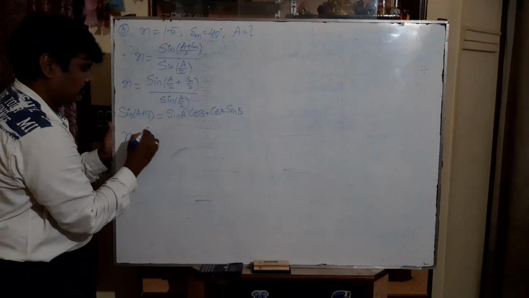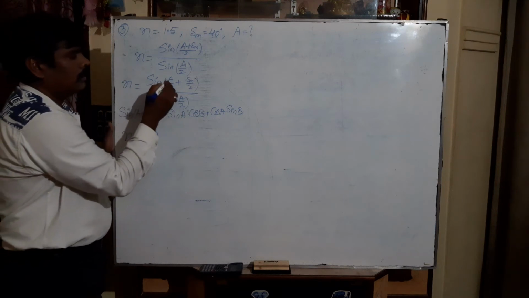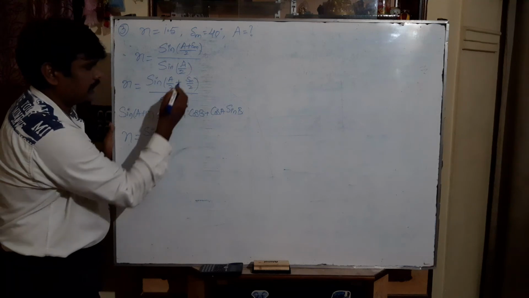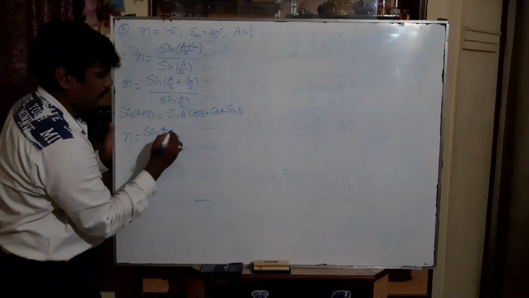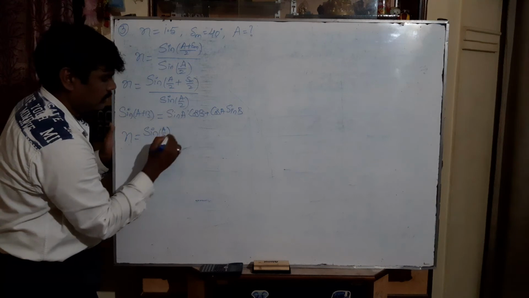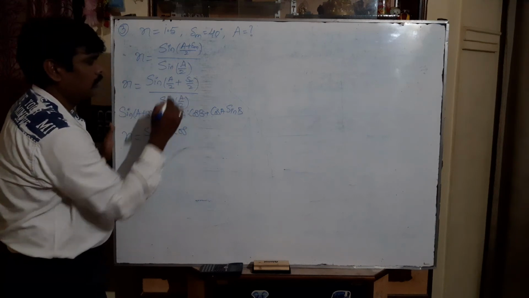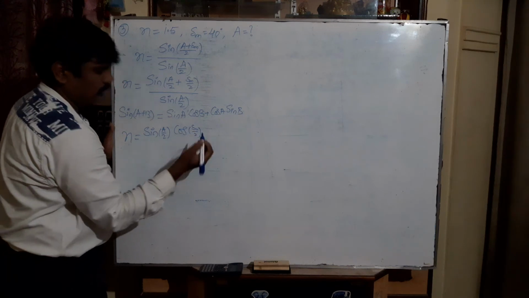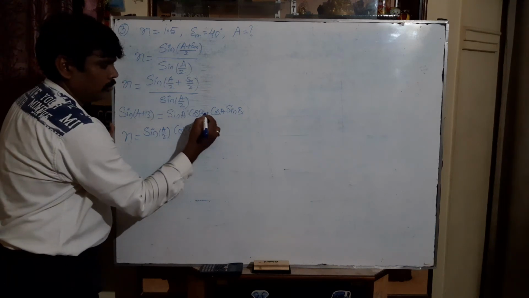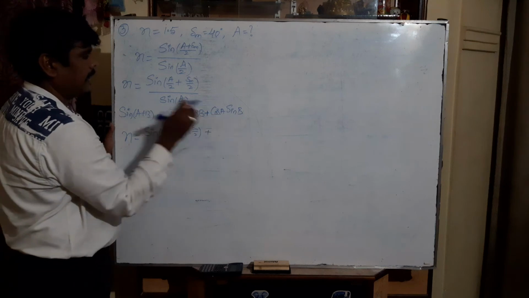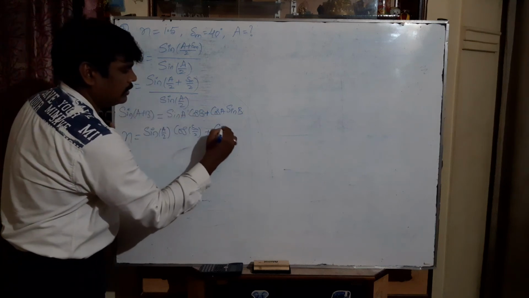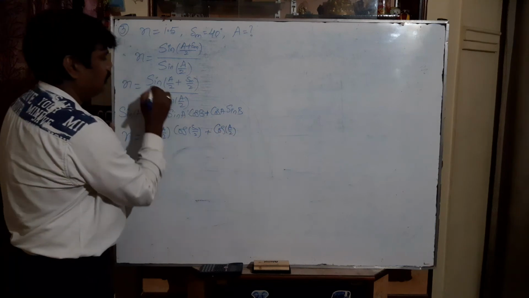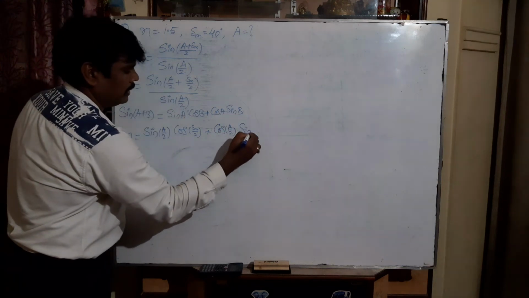n is equal to sine of, instead of A you write A by 2, the first term. The second term is cos B, so here it becomes cos of delta m by 2. Plus, in the middle of the formula, cos A, which is cos of A by 2, into sine of delta m by 2.